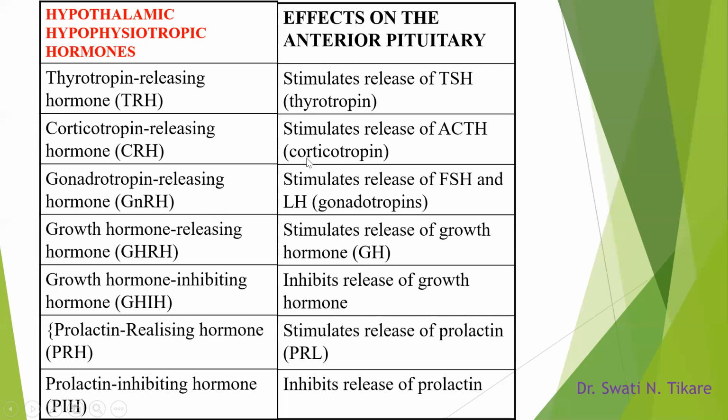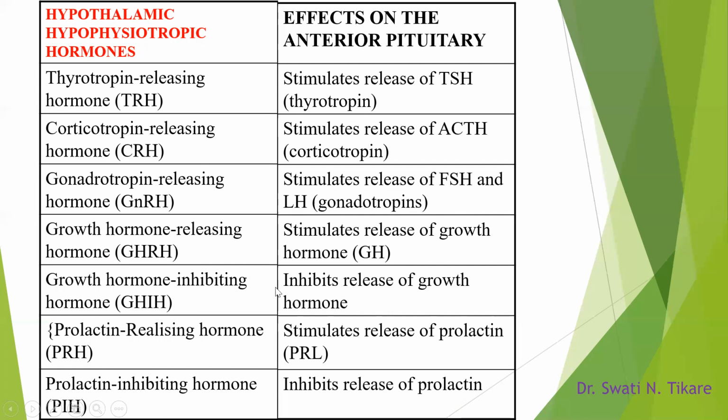So now we just have to tell what is the action of these hypothalamic hormones on the anterior pituitary. That's what we are trying to tell. So gonadotropin releasing hormone releases FSH and LH, together called gonadotropins. Whereas the growth hormone releasing hormone stimulates release of growth hormone from the anterior pituitary.